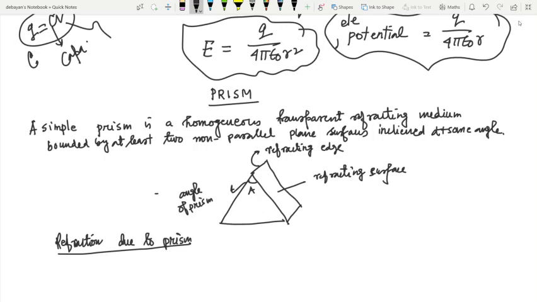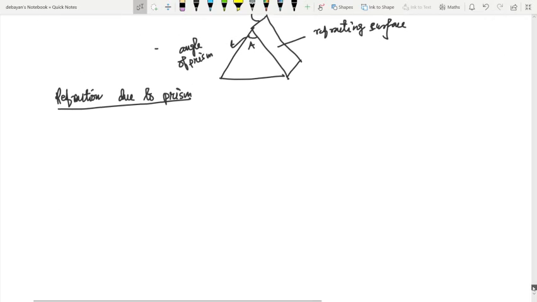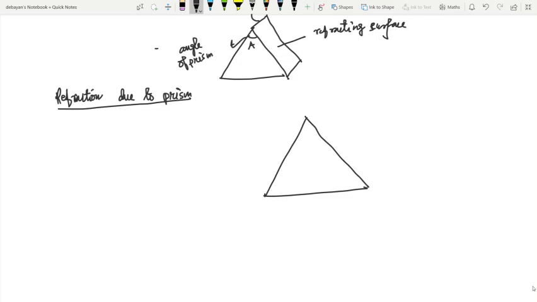If we consider refraction due to prism, say this ABC is the principal section of a prism with the angle of prism A.